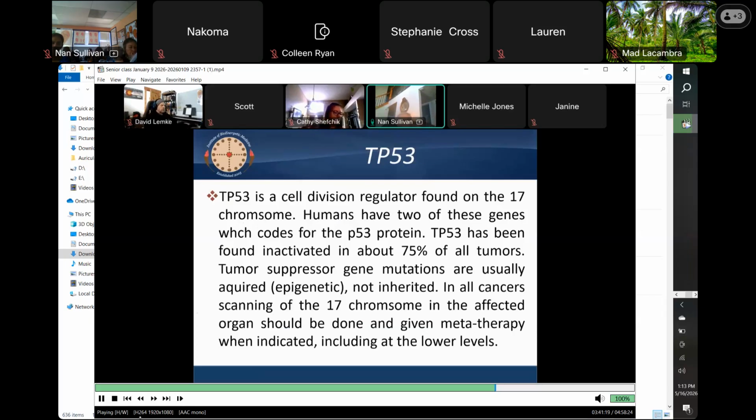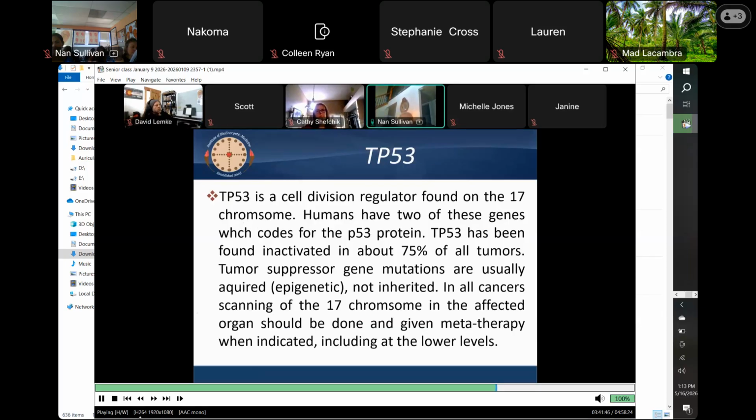Chromosome 17 is famous for TP53, which is a cell division regulator. Humans have two of these genes, which code for the P53 protein. TP53 has been found inactivated in about 75% of all tumors.